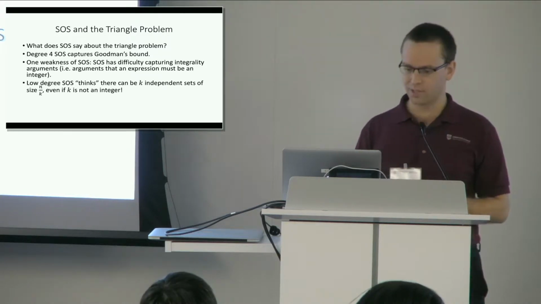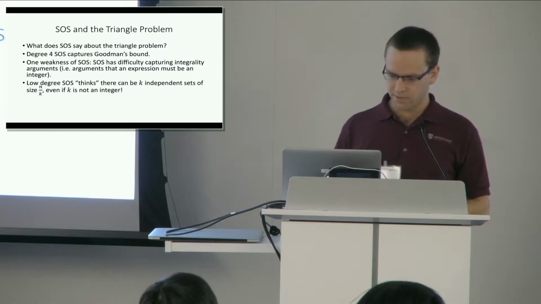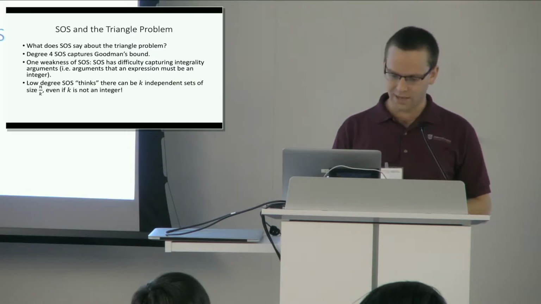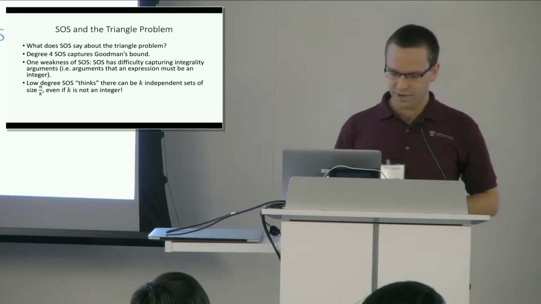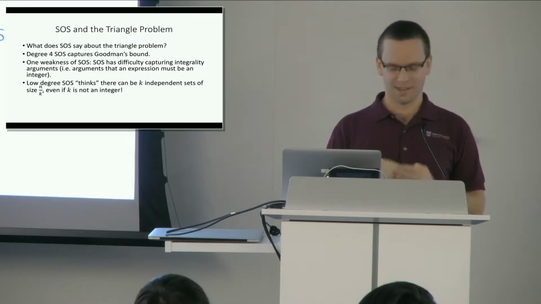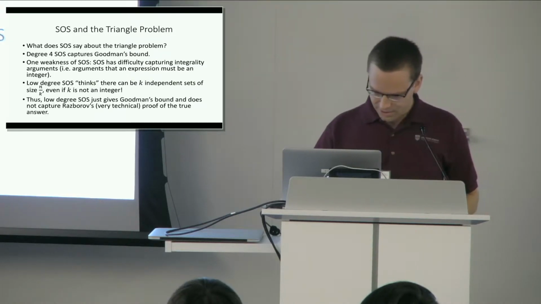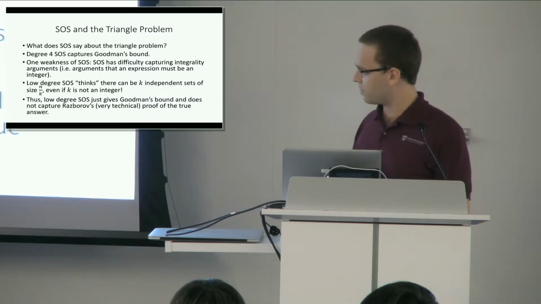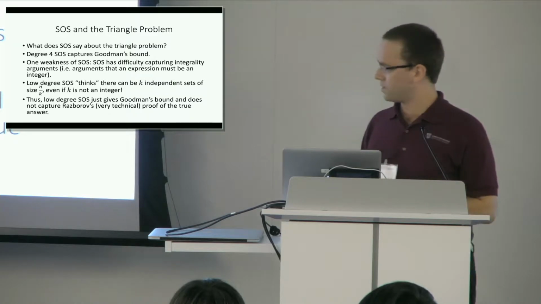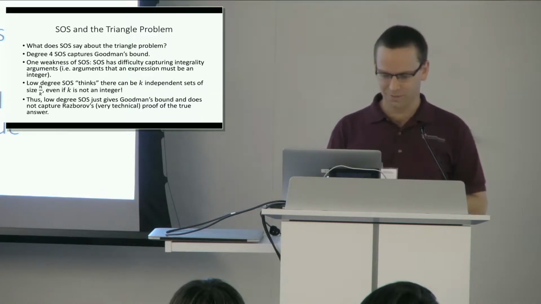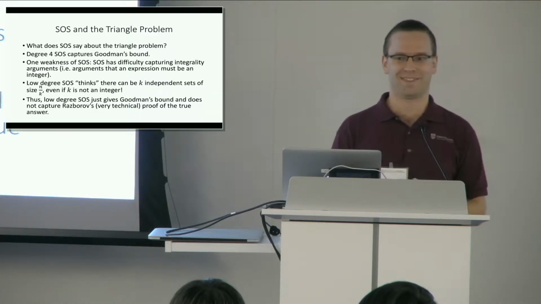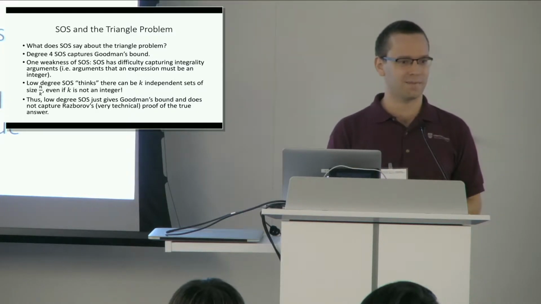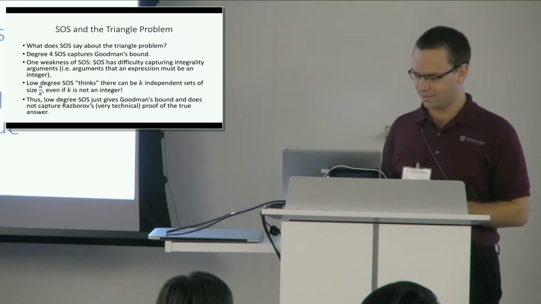So it turns out that low-degree sum of squares thinks that there can be k independent sets of size n over k, even if k is not an integer. So low-degree sum of squares just gives Goodman's bound and doesn't capture Razborov's very technical proof of the true answer. So this is the power and limitations of sum of squares in this setting.